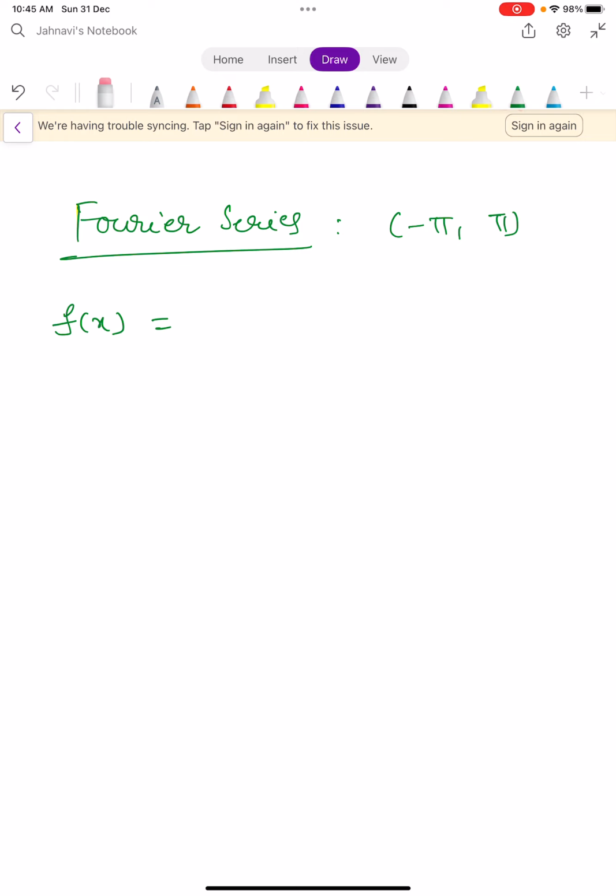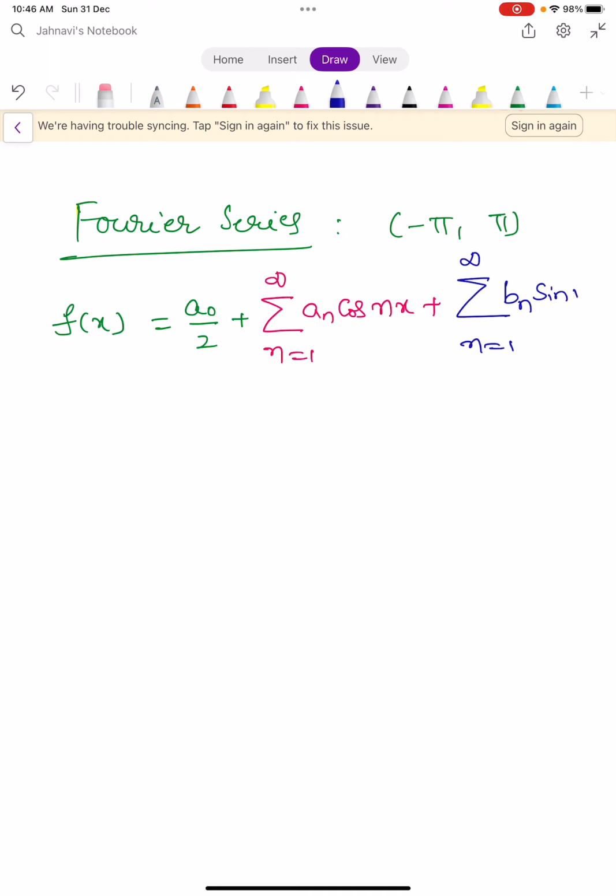f of x is equal to a naught by 2 plus summation n equals 1 to infinity a n cos nx plus summation n equals 1 to infinity b n sin nx.